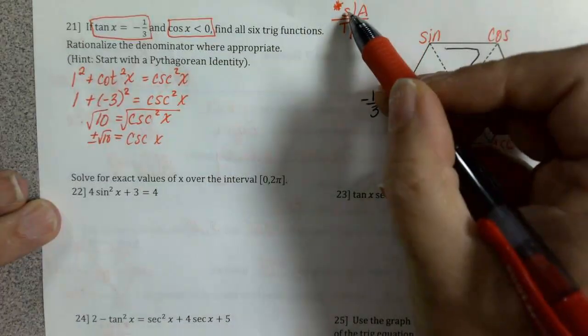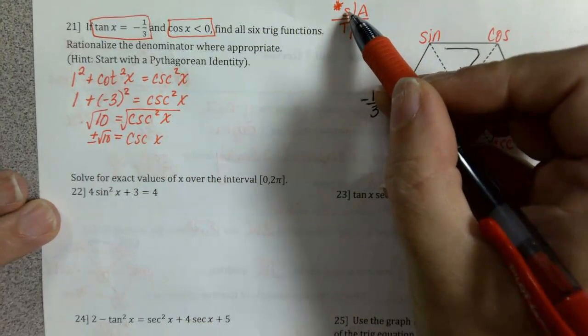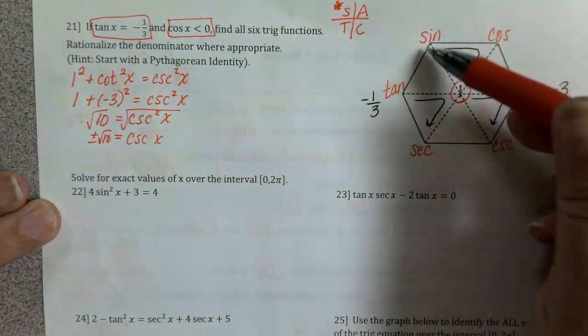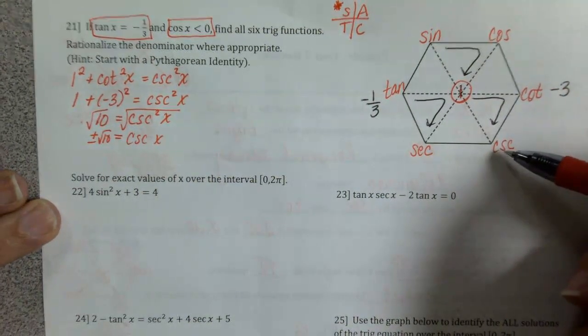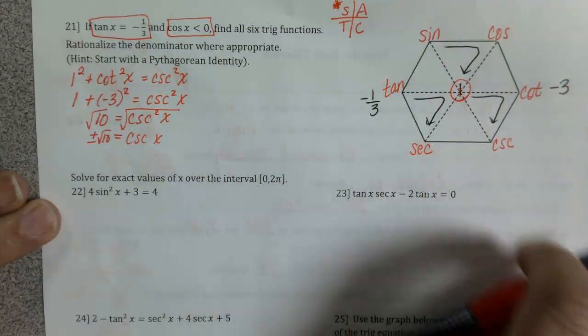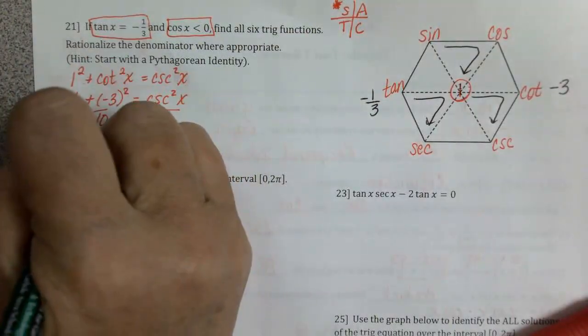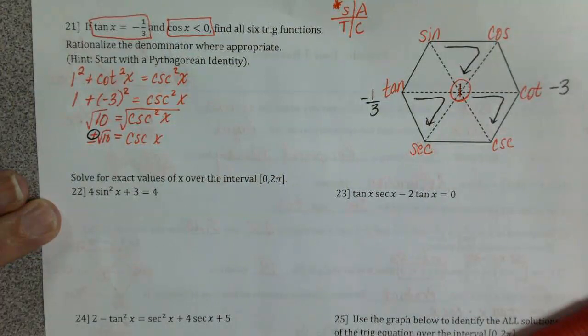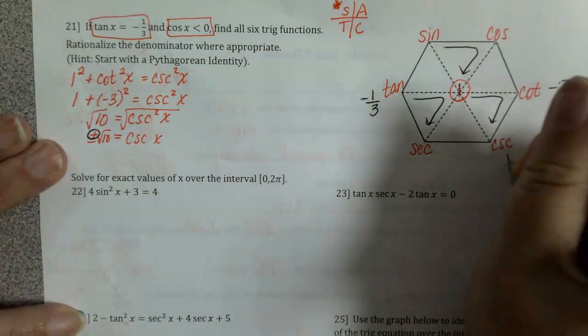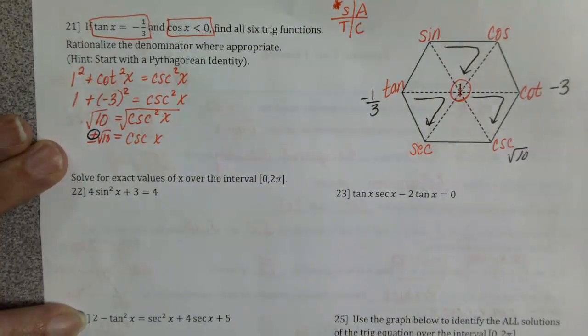So sine is positive in quadrant 2, and its reciprocal, cosecant, is also positive. So we're going to use the positive in our square root. So the cosecant then is positive square root of 10.